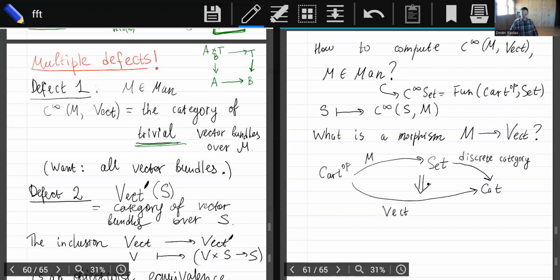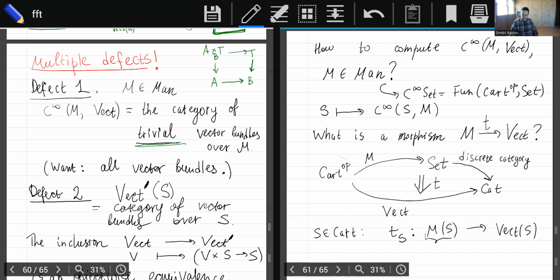What is such a natural transformation? Let's call it T, for transformation. What is T concretely? Well, a natural transformation assigns to every Cartesian space S, every object in the domain, its component T_S, which will be a functor from M(S) to Vect(S).